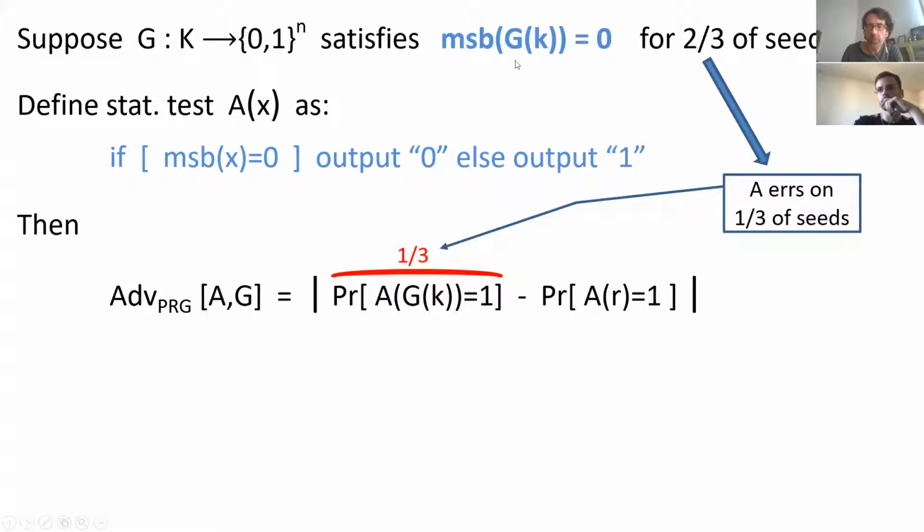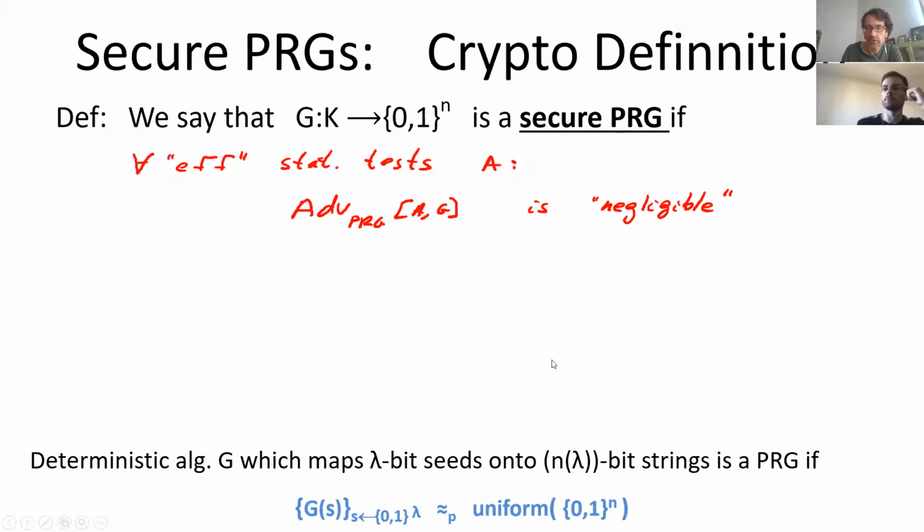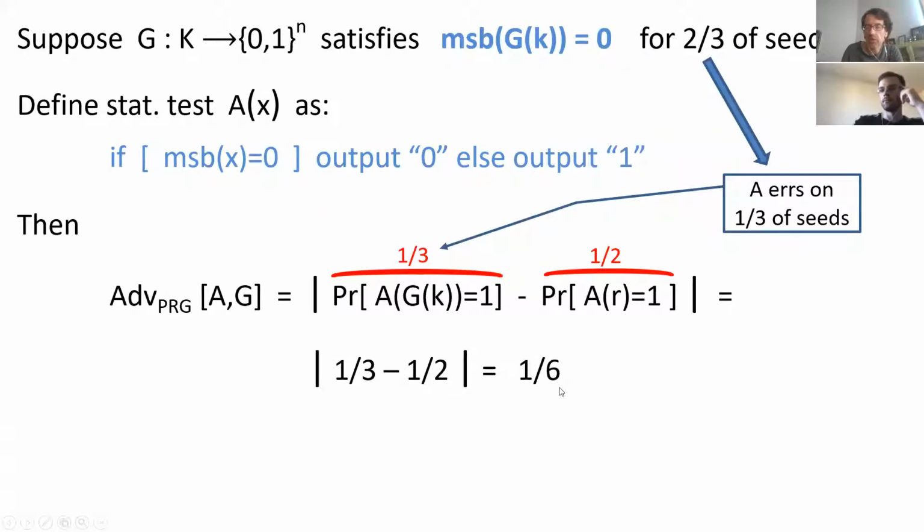But by this property, the MSB of a random output of G is 0 with probability 2/3, so it's 1 with probability 1/3. So this probability is 1/3. Let's compare it to here. Well, this is a half, because R is a random string, and on a random string the MSB is a random bit. So this is going to be 1/2. So this difference is a constant, and it's not negligible, because a constant is not a negligible amount.